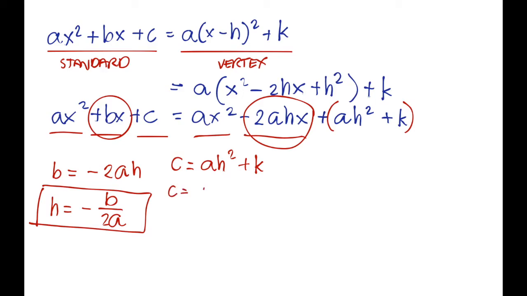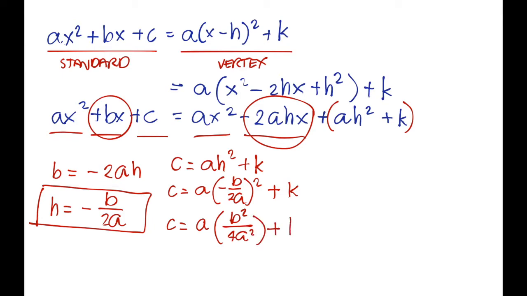C is equal to a times negative b over 2a. We're going to square that plus k. And of course, we are going to square the fraction, so that becomes b squared over 4a squared plus k.